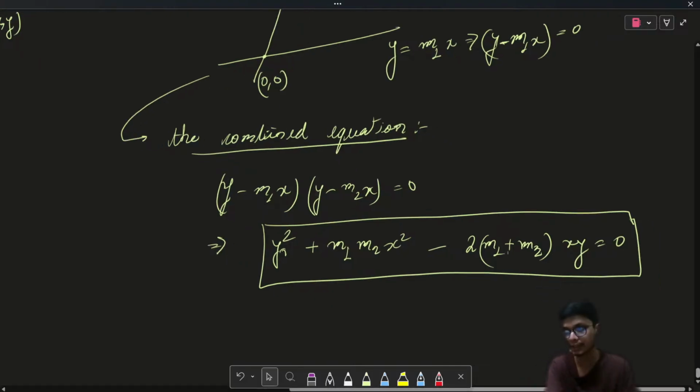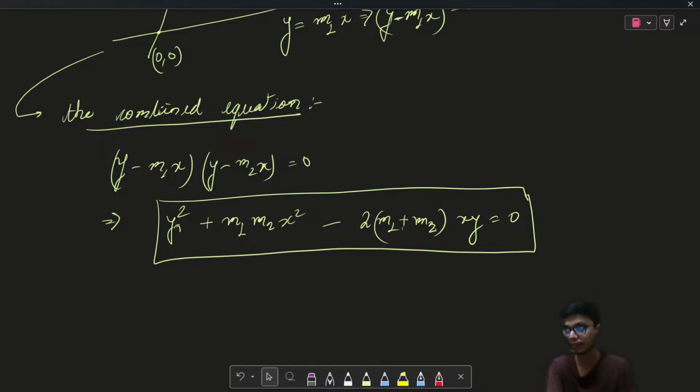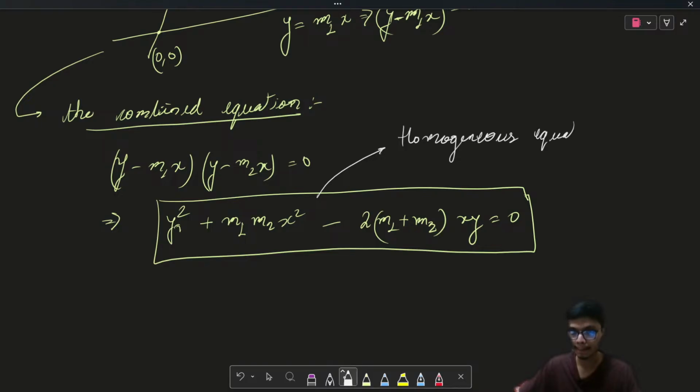This kind of expression is also known as a homogeneous expression or homogeneous equation.